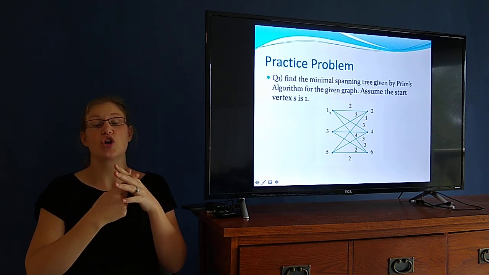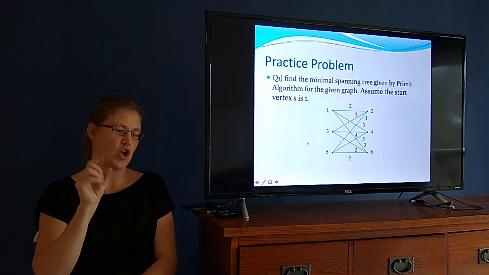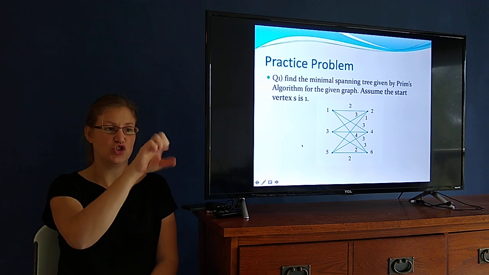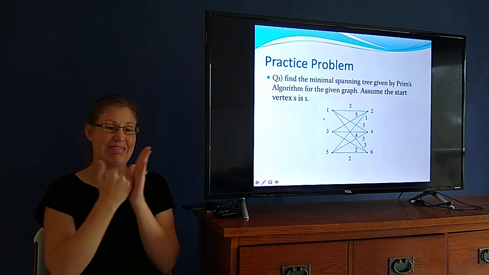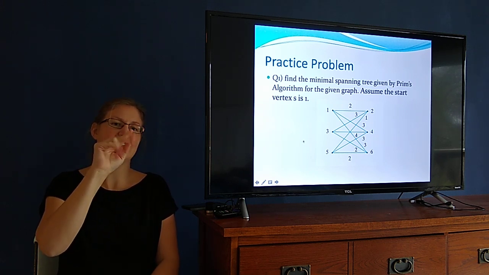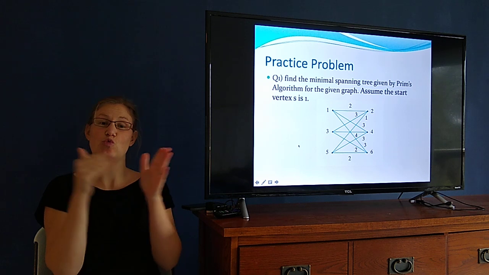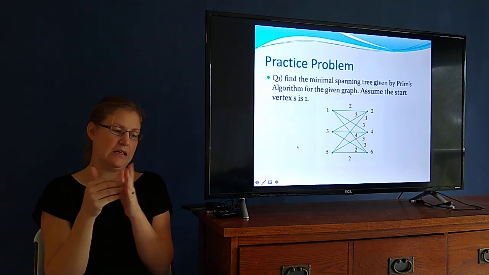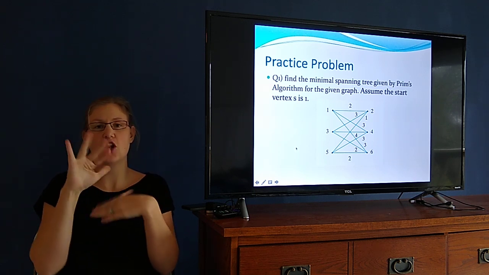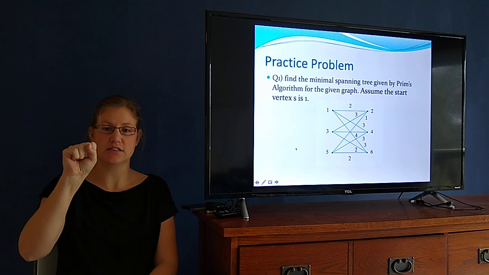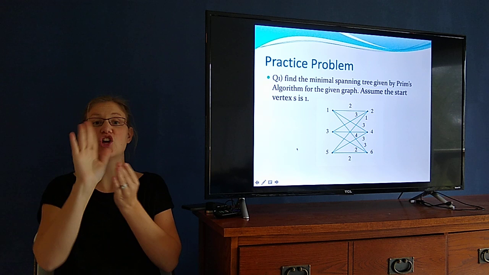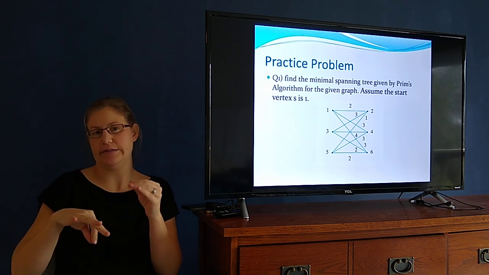Again, from 1 you can construct a table that has two columns, edges and weights, and list all the edges that are incident to 1, and then keep repeating the same step until you have visited all the vertices and constructed the minimum spanning tree. Submit your solution to get the Excel credit before the end of the day.